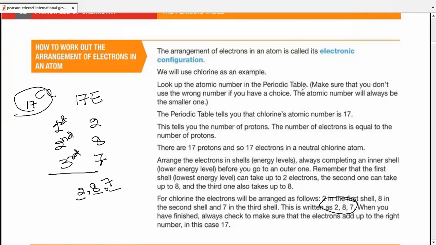Okay. So once again, the electronic configuration is asked up to the first 20 elements. To clarify with an element from the fourth shell, let's consider potassium with atomic number 19.